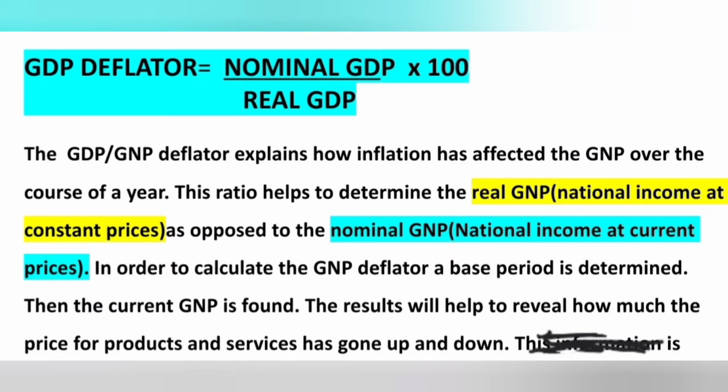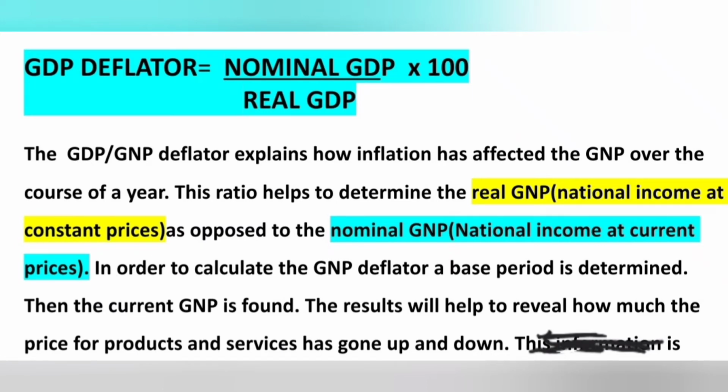Okay, so how is GDP deflator or GNP deflator calculated? Nominal GDP divided by real GDP into 100. Or if it is the national income concept, nominal GNP divided by real GNP into 100. So in order to understand GDP deflator, we have to get the values of nominal GDP and real GDP.